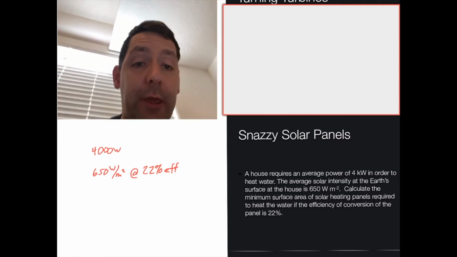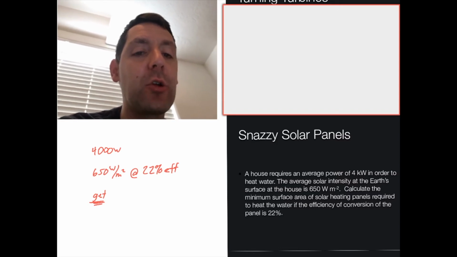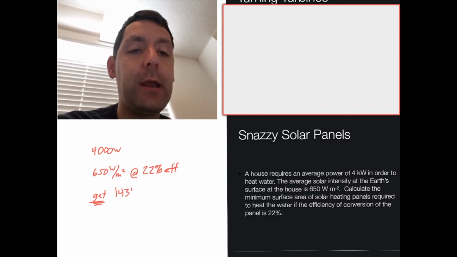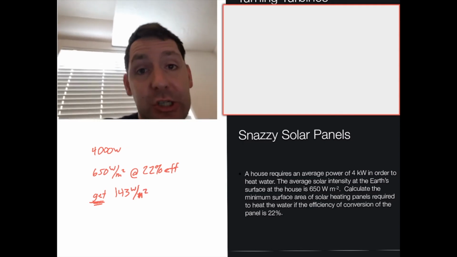And I get 143. So this is how much we actually get from our solar panels, 143 watts per meter squared.